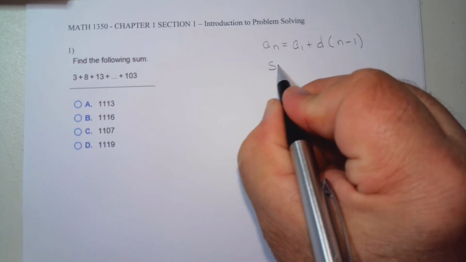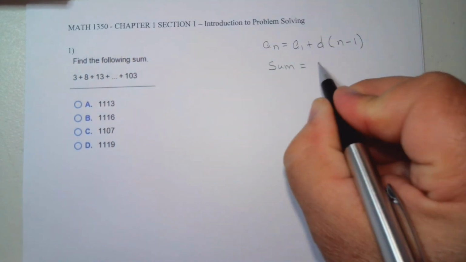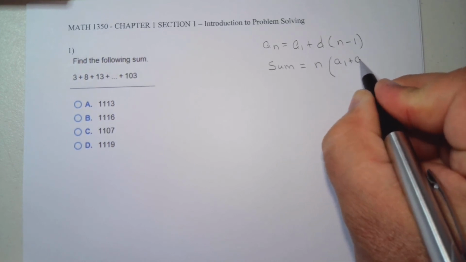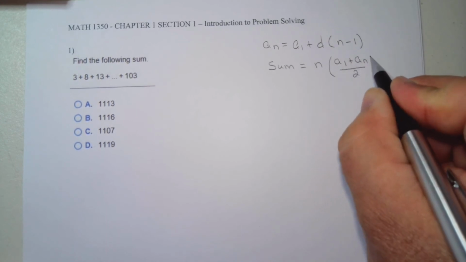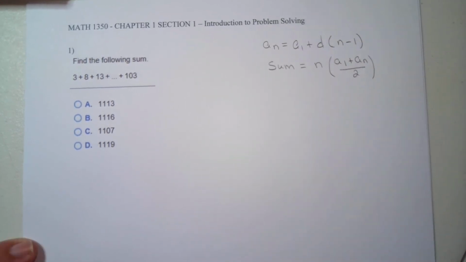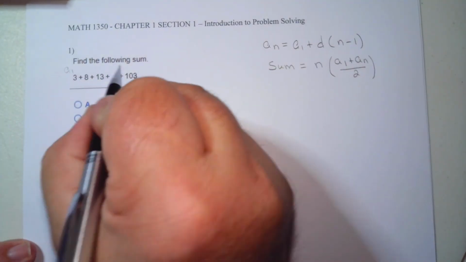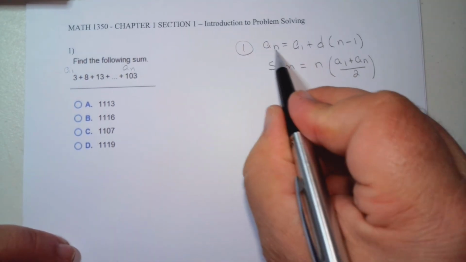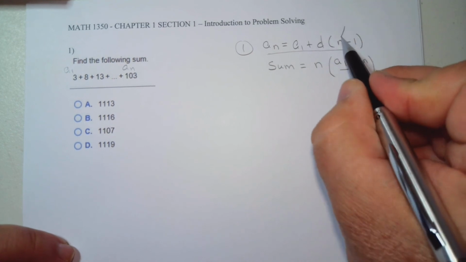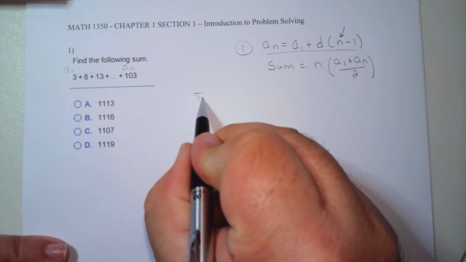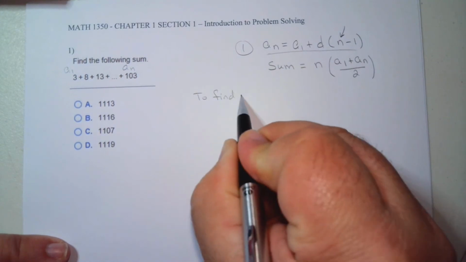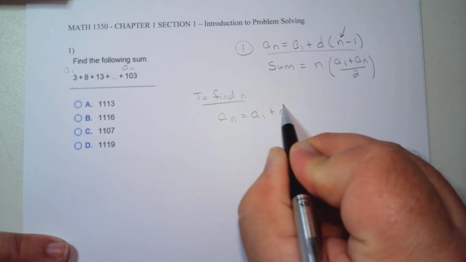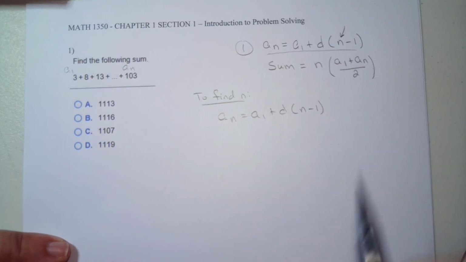And then to find the sum, it's n times the first term plus the last term divided by 2. So here's our A1, here's our AN. We first have to find N, so we use this equation to find N. So to find N, AN equals A1 plus D times N minus 1.